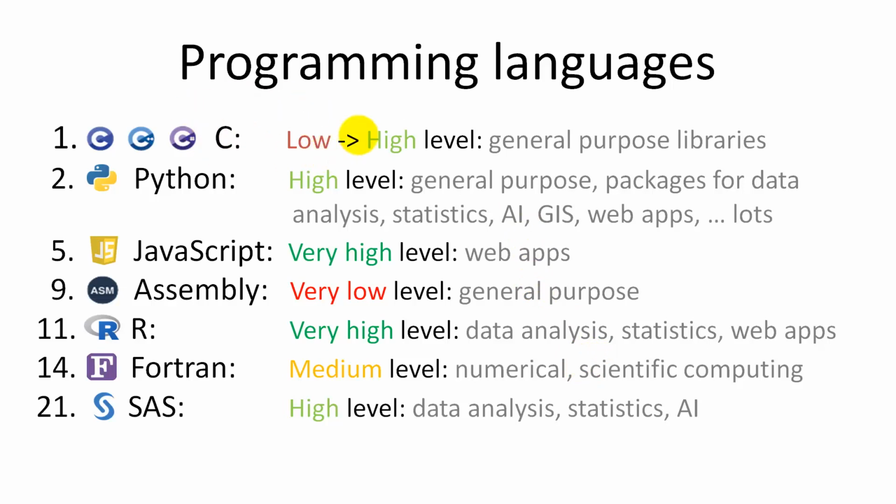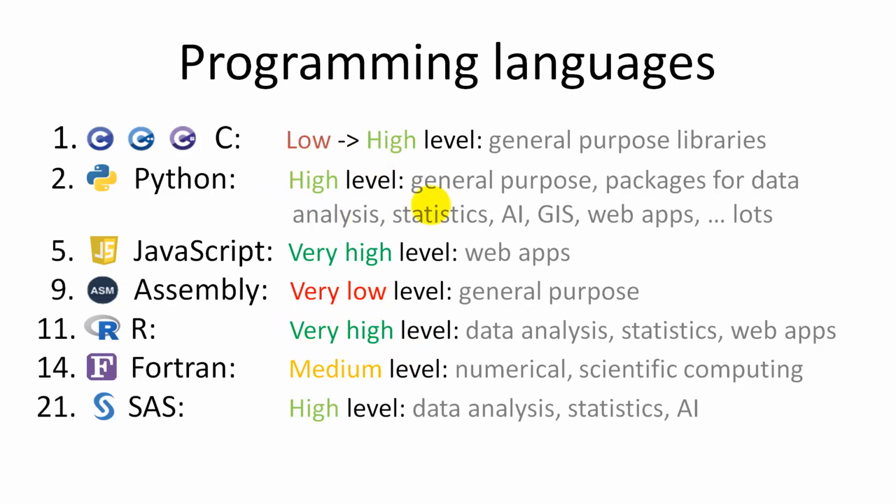And the same is actually true for C. The original C language is very low level, and the advantage of that is that it's very fast. So many R packages actually use C in the background to make things happen fast. But this is hidden from view, and it's not something you have to actually deal with. So if you're interested in statistics and analysis, this is a very good place to start.